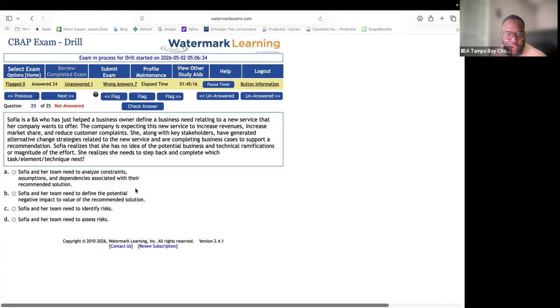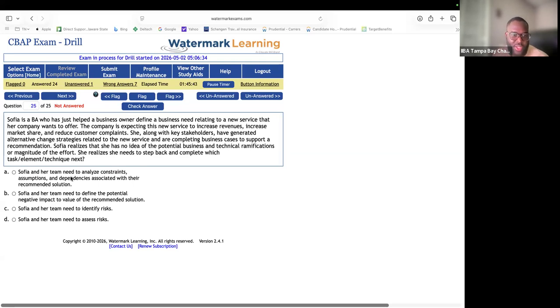She, along with key stakeholders, has generated alternative change strategies related to the new service and is completing a business case to support a recommendation. Sophia realized that she has no idea of the potential business and technical ramifications or magnitude of the effort. She realized she needs to step back and complete which task, element, or technique next?